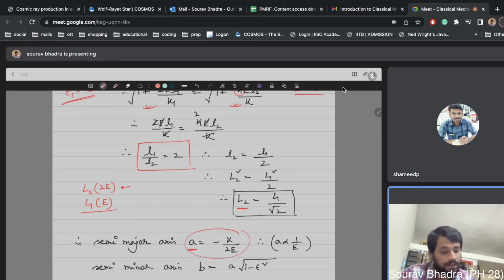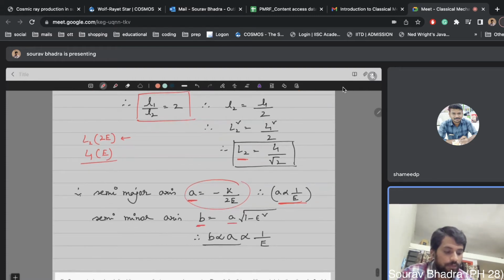So k is the constant, and a, the semi major axis, varies as 1 by E. So if we increase the energy to 2 times the previous energy, then the semi major axis will be half of the previous case, and the semi minor axis b, which is proportional to a, will also be halved. Both will be half of the previous case.